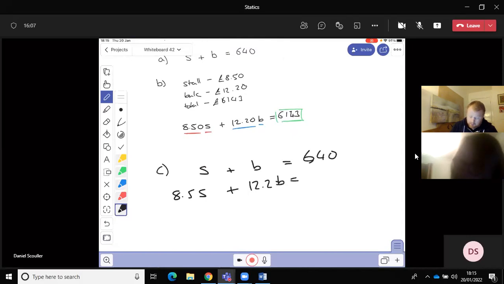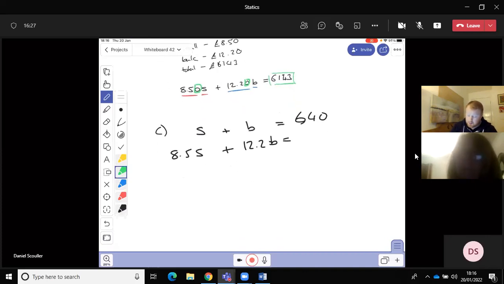I've not put in this final 0. We don't need that. It's not telling us anything. Likewise, we're going to convert it back into a monetary value at the end, so we'll put back in the sign and make it 2 decimal points. But at this point, that second decimal point's not telling me anything. And that comes to 6143.